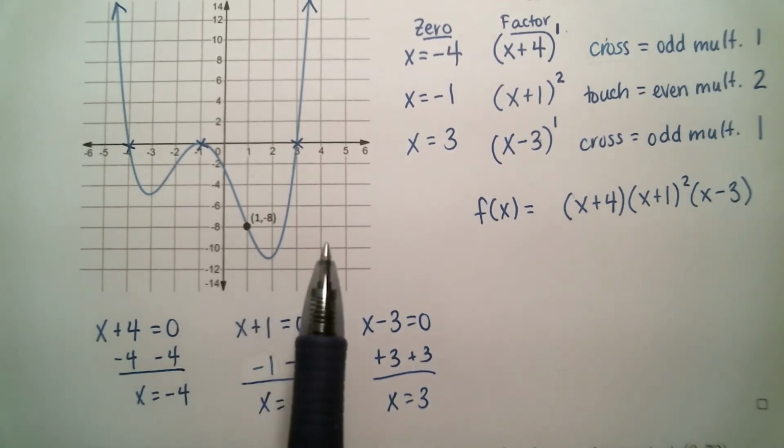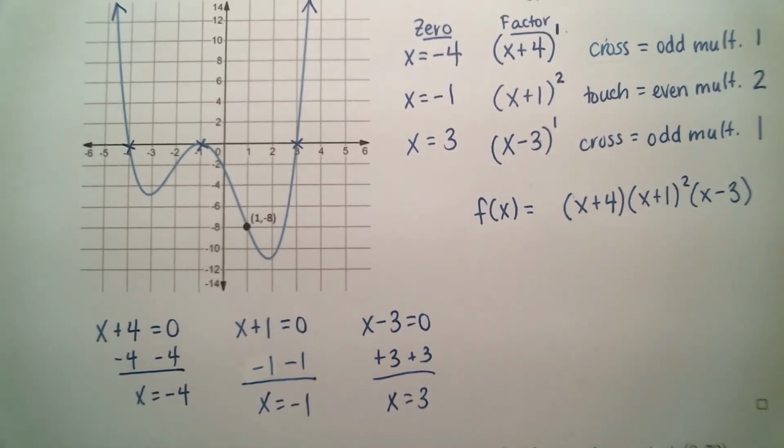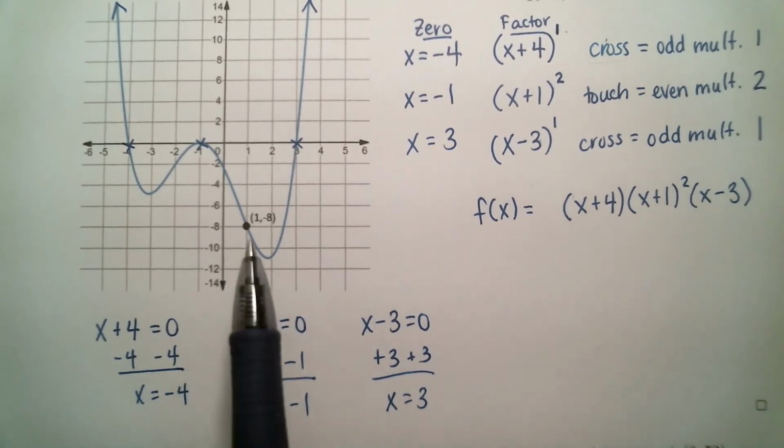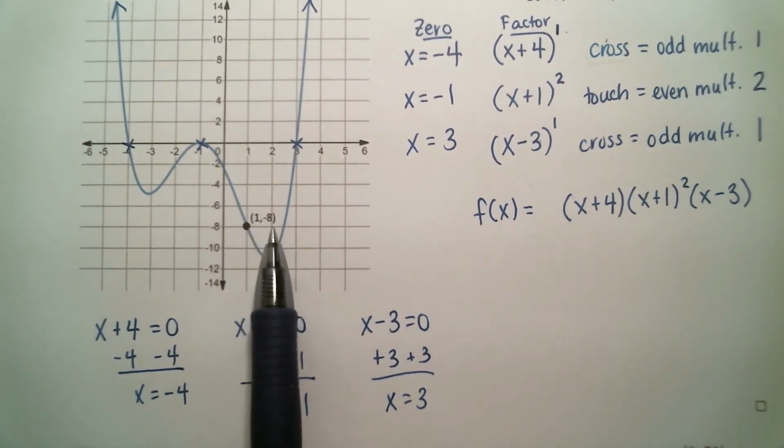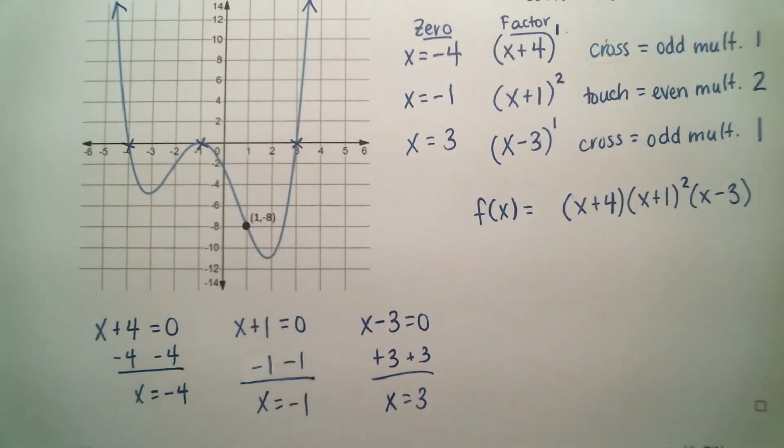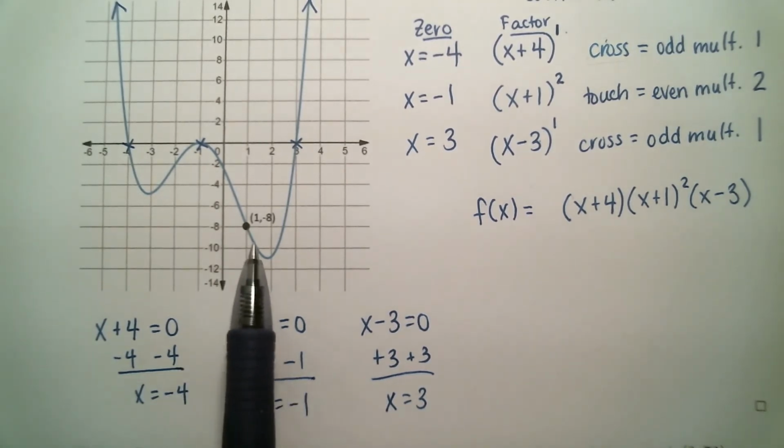Yes, we were correct in setting up the function in that we got the correct x-intercepts and the behavior at each one. But our graph has to go through the point 1, negative 8, and nothing that we did in our work has forced the graph through this point.